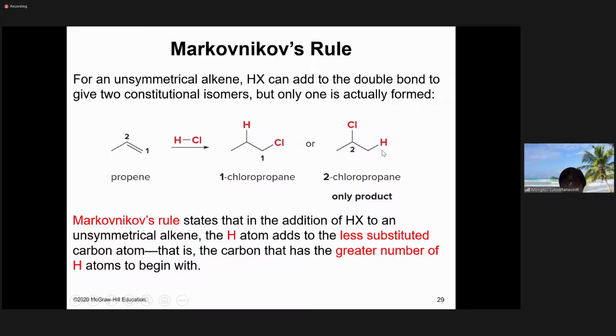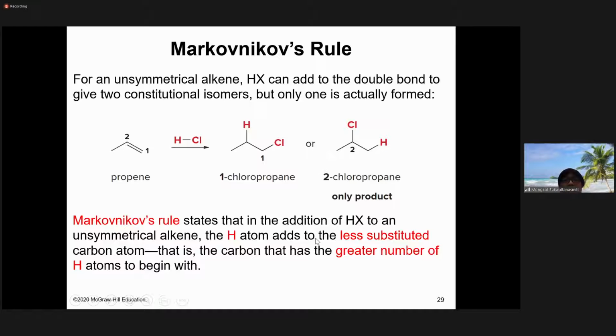Okay, and what they observe is that 2-chloropropane is the only product or major product in this reaction. The person who observed this is Markovnikov, and he had a rule at that time. There's no mechanism known for this type of reaction, and people did not know about the carbocation.